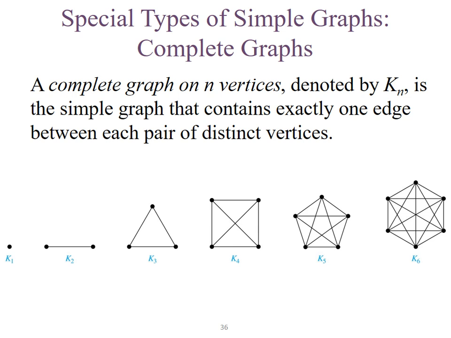For example, we have 3 vertices, and for each pair of the vertices we have an edge connecting them. Then we call this a complete graph. When we have 4 vertices, 5 vertices, and 6 vertices, we need to ensure that each pair of vertices has one edge connecting these 2 vertices, and we call this a complete graph.